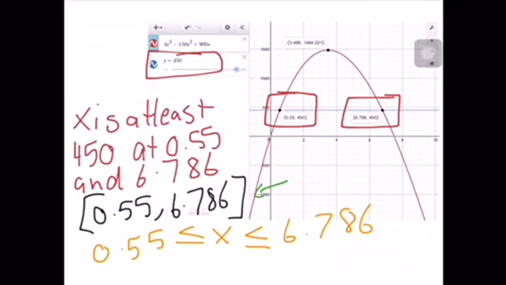This is interval notation, and this is an inequality.